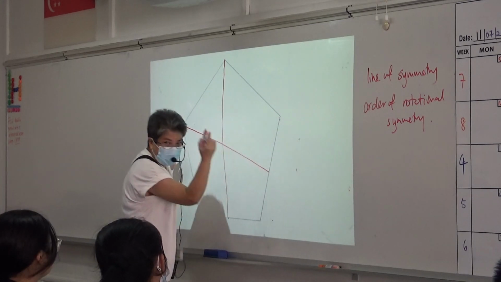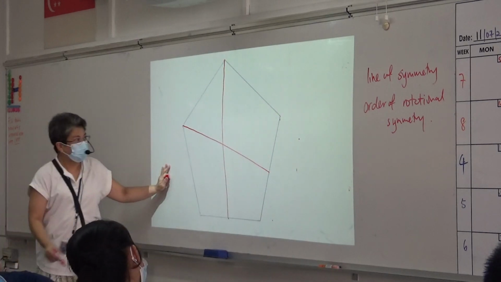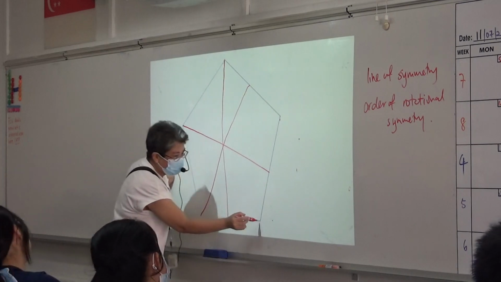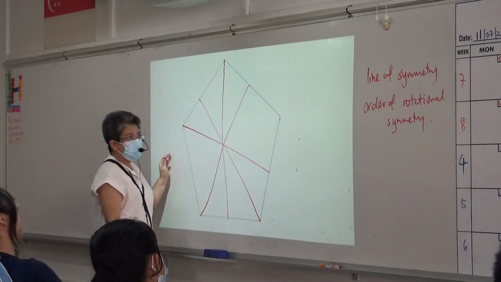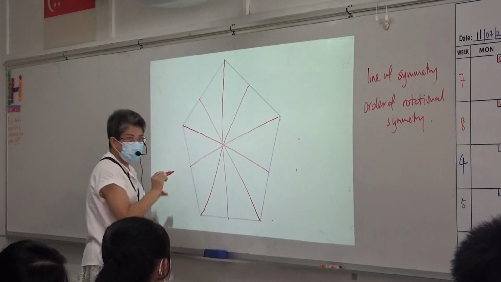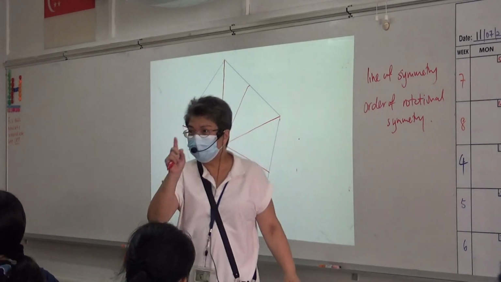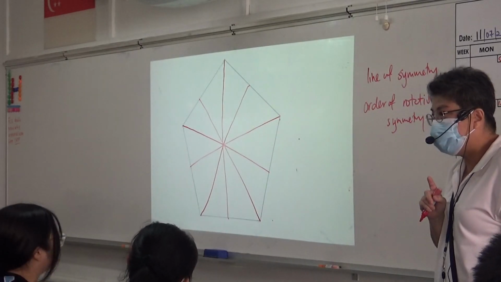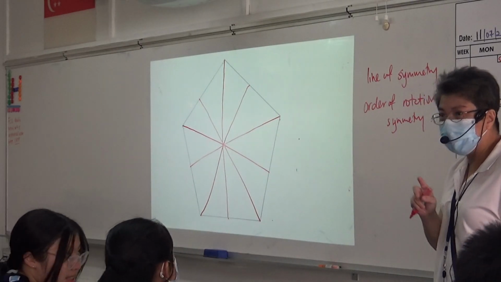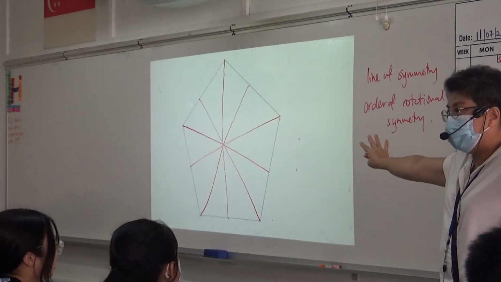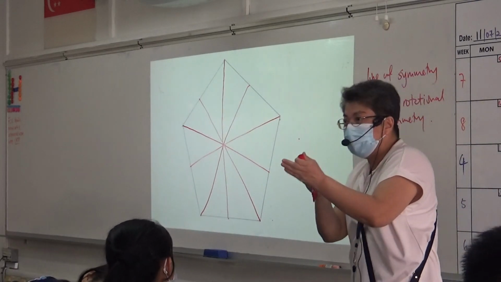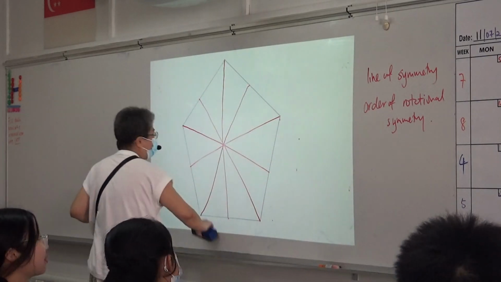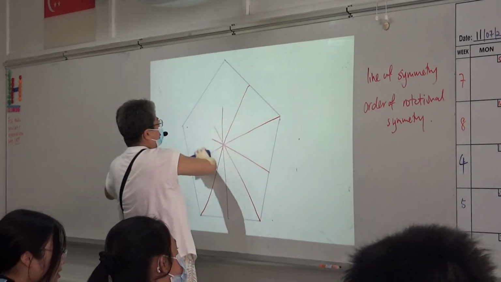Vertex down to the middle. I can also fold. 2. Vertex down to the middle. 3. Vertex down to the middle. 4. Vertex down to the middle. 5. So when I come in only 1, there are 5. Everybody clear? Can or not? Can. So are you clear about line of symmetry? When you fold, the 2 halves must coincide. Okay? Now, then I'm going to talk about order of rotational symmetry.